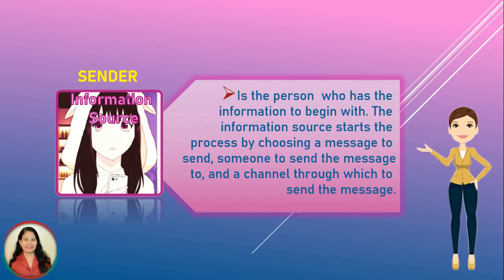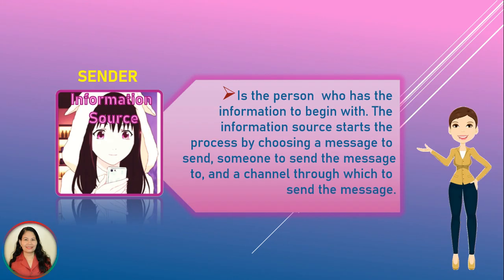The information source starts the process by choosing a message to send, someone to send the message to, and a channel through which to send the message. An example of a sender might be the person calling someone. He or she will choose what to say and how to say it before the conversation begins.